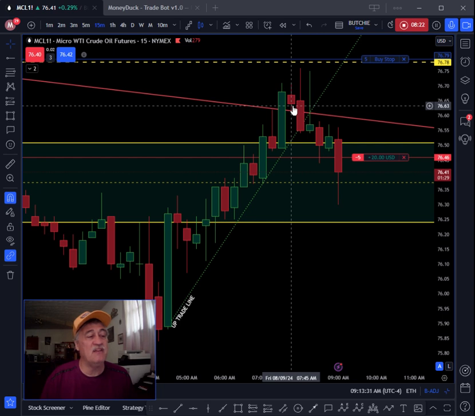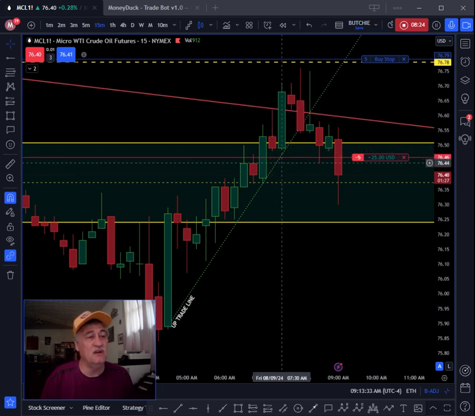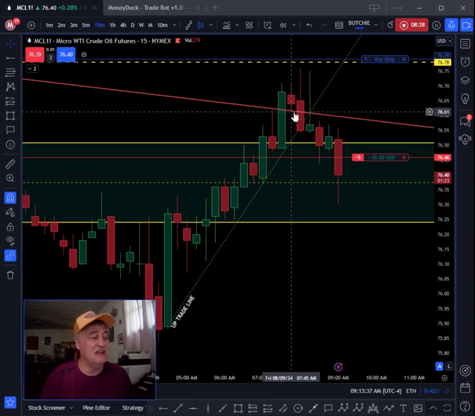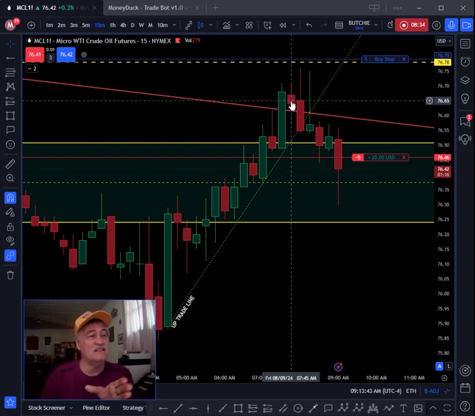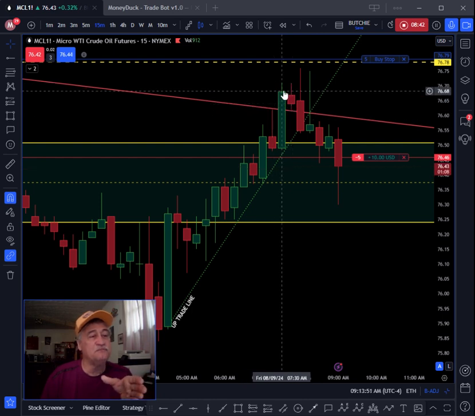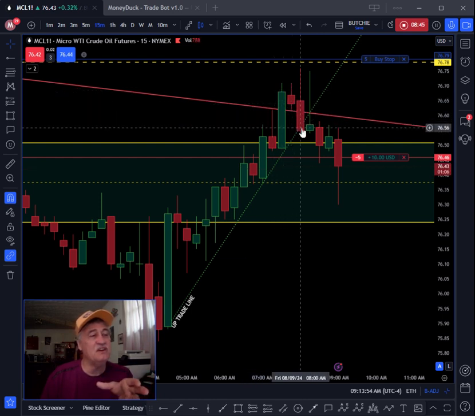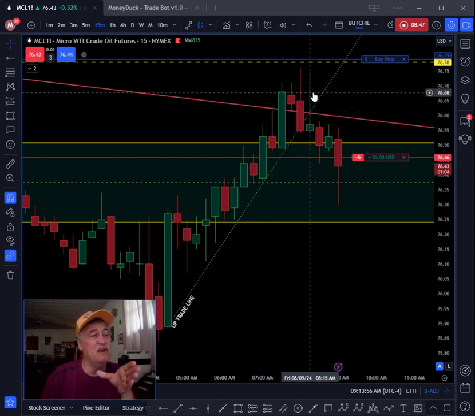So I would expect those to hold up. Now, evening stars do not have to be 3 candles. They can actually be 4 or 5 candles, because you might get a little more where it sits sideways in here. You might get another 15 minutes or something, so you might get a doji or another candle that looks like this. So those 3 candles, evening star, and then we had a pullback.